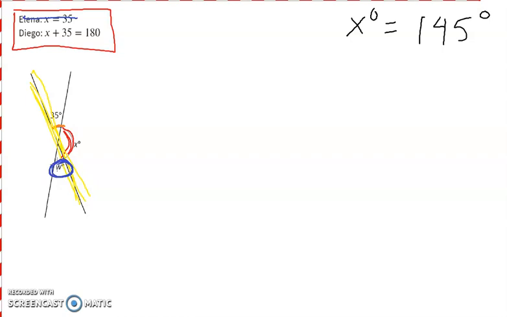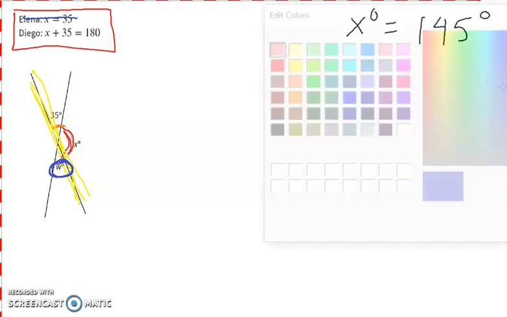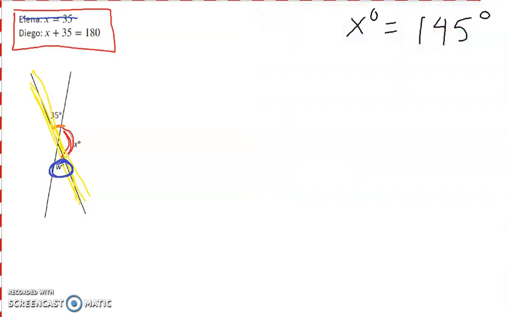So upon looking at this, I can tell that like x and 35, when you add x and w together, you also get a straight line. So that means that x plus w equals a straight angle, which means they equal 180 degrees, which means they're supplementary.